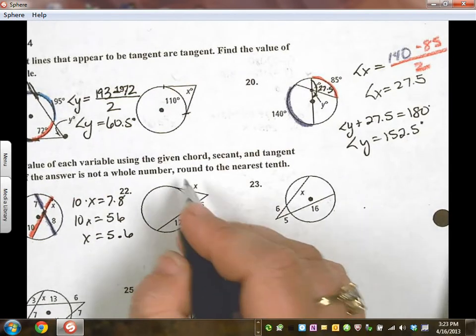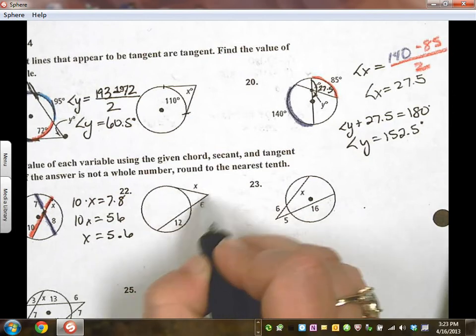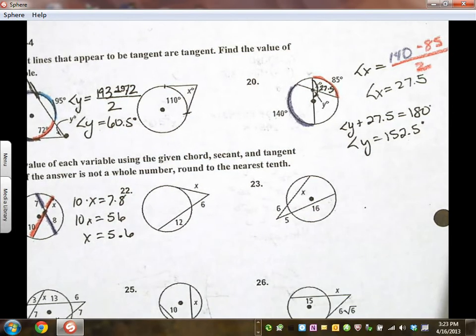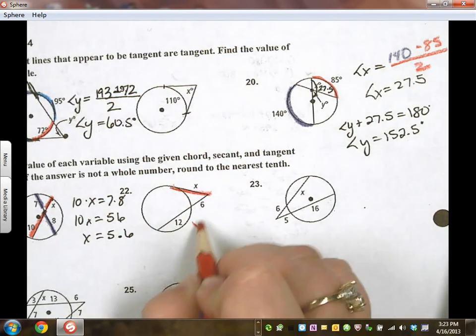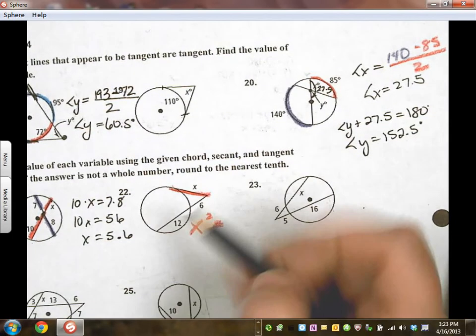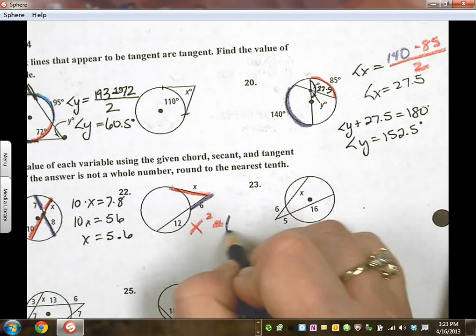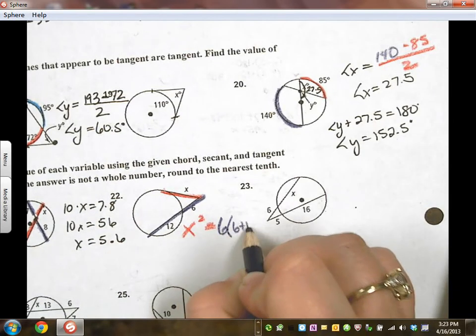Over here, outside part times the whole thing equals the outside part times the whole thing. Let's do that again. Outside part times the whole thing. That's x times x, or x squared, equals the outside part times the whole thing, which is 6 plus 12.